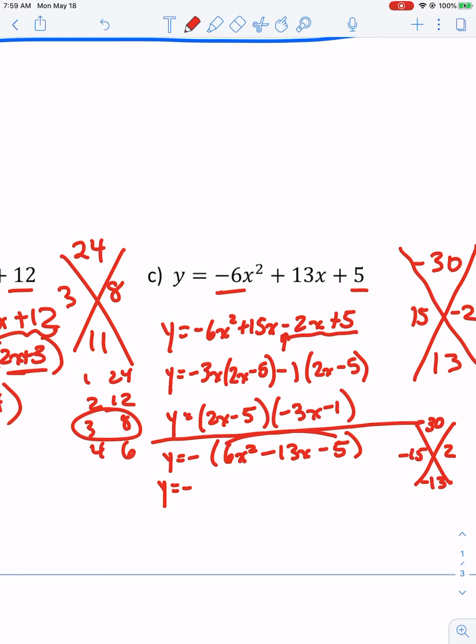So y equals minus, square brackets, 6x squared minus 15x plus 2x minus 5.